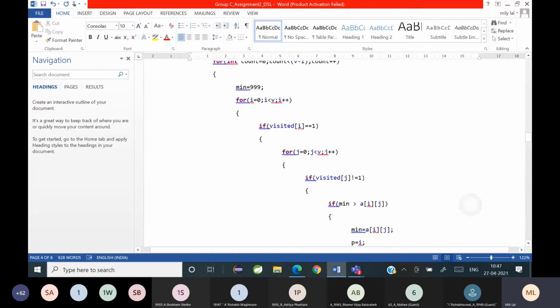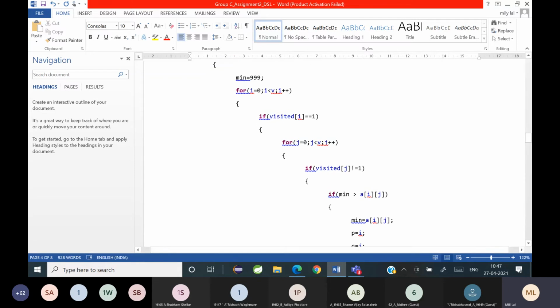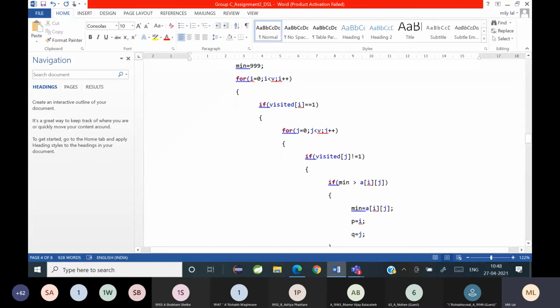And the minimum value we have assigned here: we have assigned the adjacency matrix with the value 999. So MIN is taken as 999. Then for each vertex visited, you will set the vertex visited flag as 1. And then you traverse the remaining vertices. How do you traverse it?